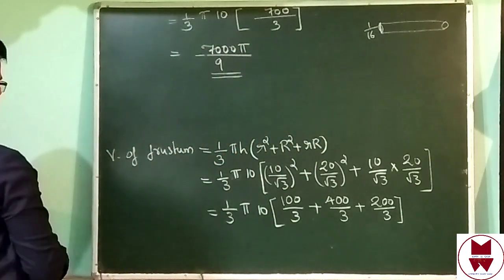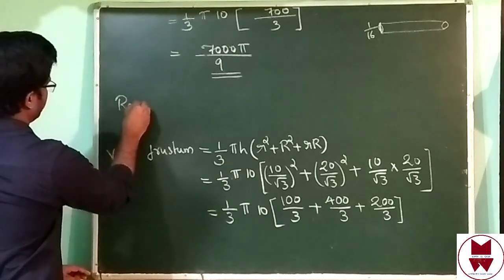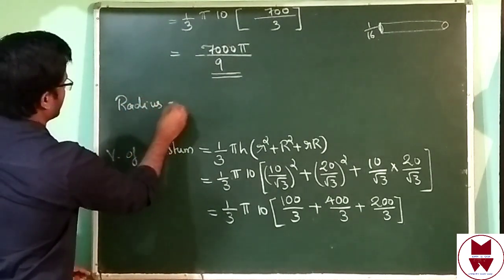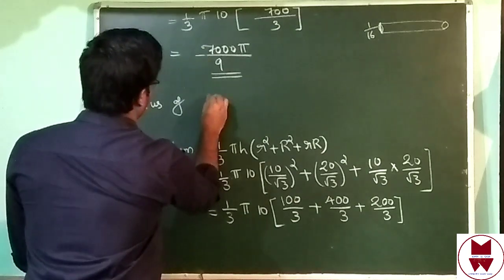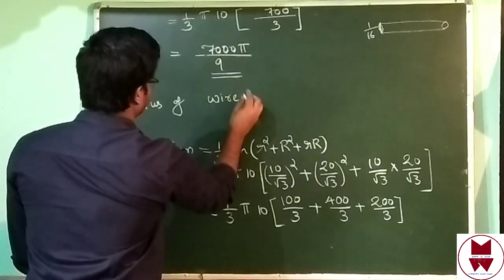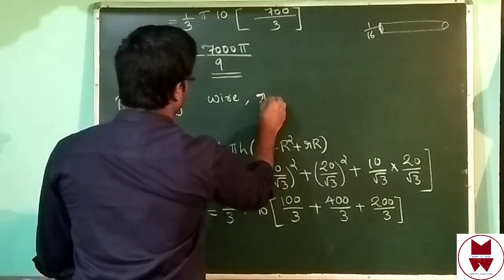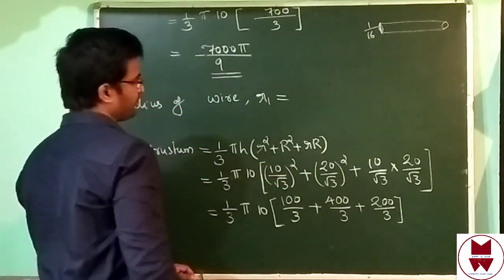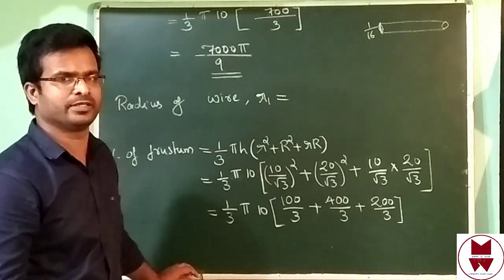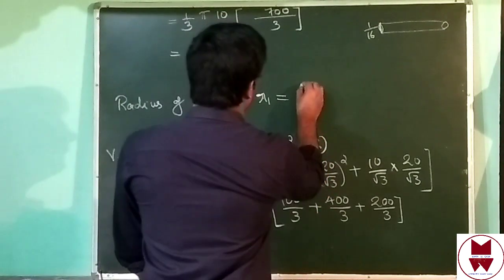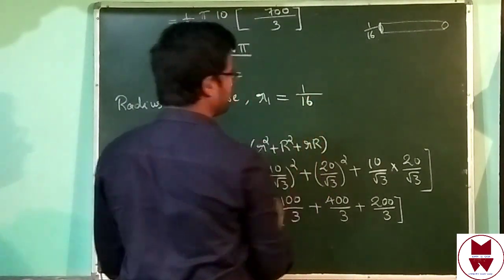Then the second part, the radius of wire. You can take R1 equal to how much? Radius of wire from the question. The given diameter is 1 by 16, isn't it?